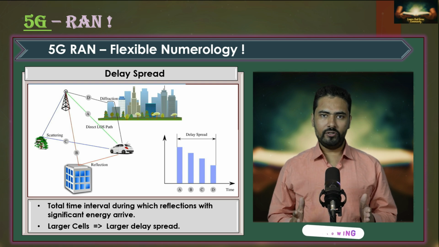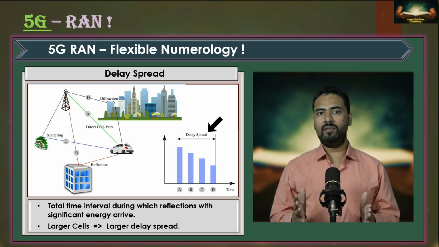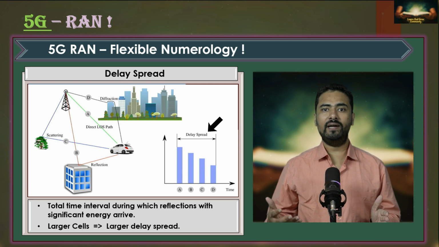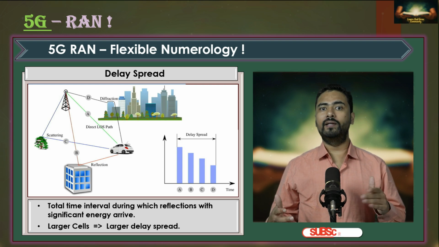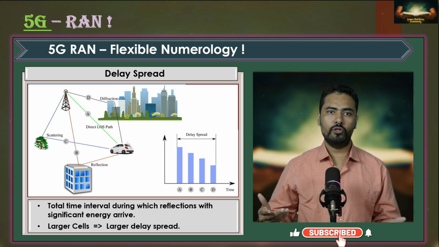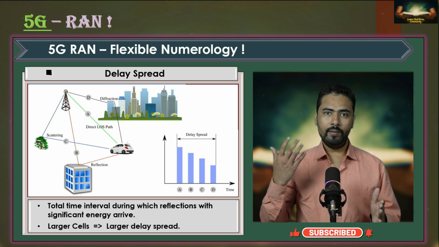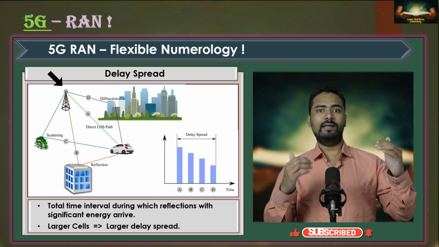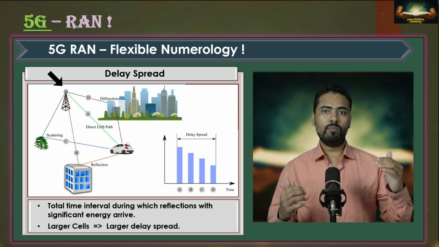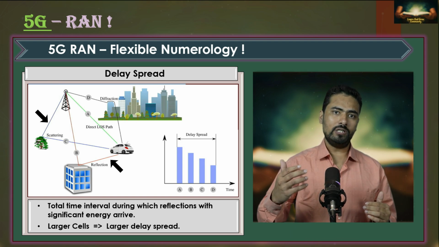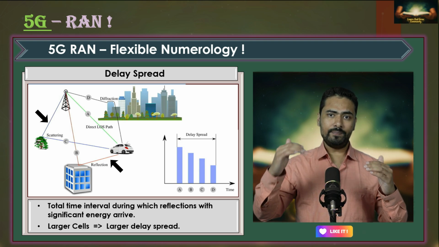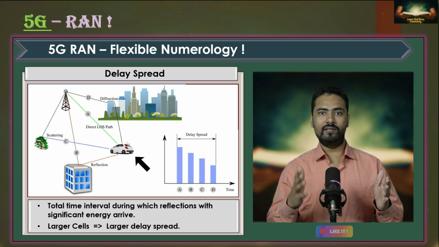Delay spread refers to the time difference between when the first and last significant signal reflections arrive at the receiver due to multipath propagation. So if you send an impulse in the air, there is a concept called the multipath effect. When this impulse is transmitted, it takes various paths and reflections to reach the receiver.